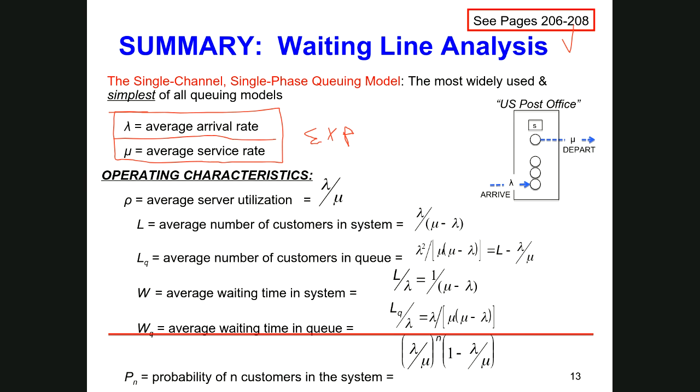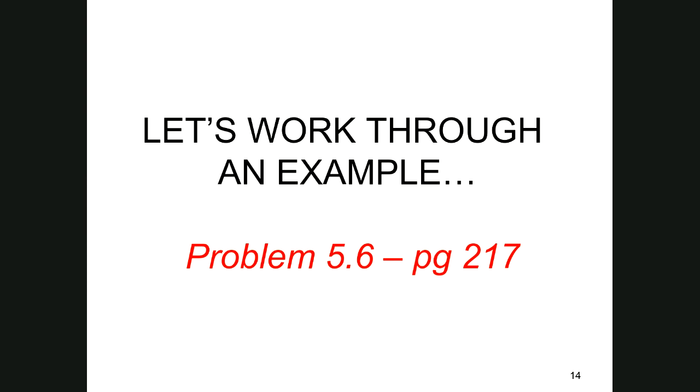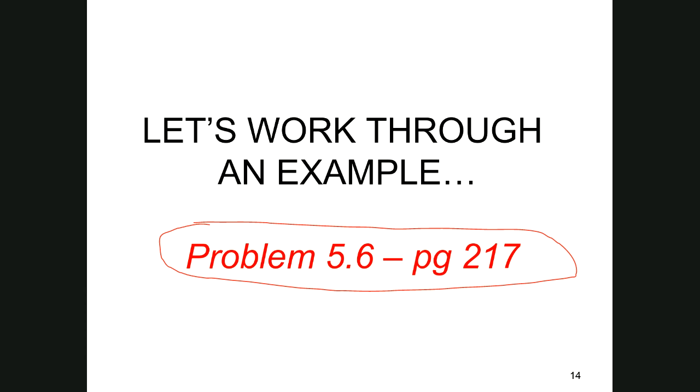We're going to stop this recording now, and then in the next recording for this lesson, I'm going to go through an example problem. That example problem is problem 5.6 on page 217 of your textbook. It's Peachtree Airport.